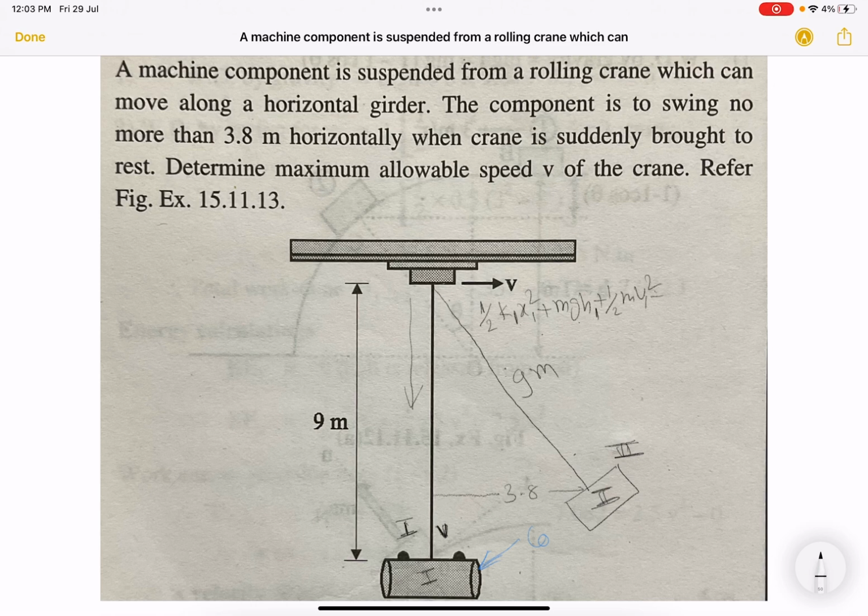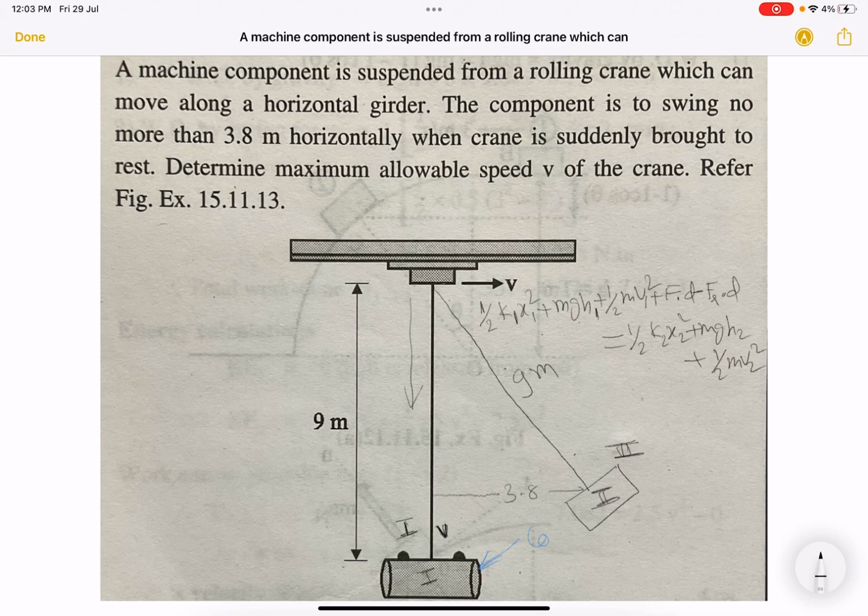Plus there could be some work done if there is an external force, minus the energy spent because of friction, Fr into d. This will be equal to the energy possessed at position 2. And at position 2 also it can have spring energy, potential energy, and kinetic energy, right?